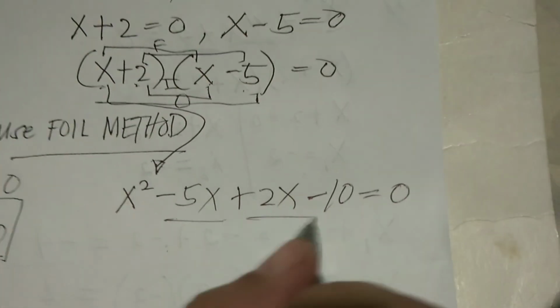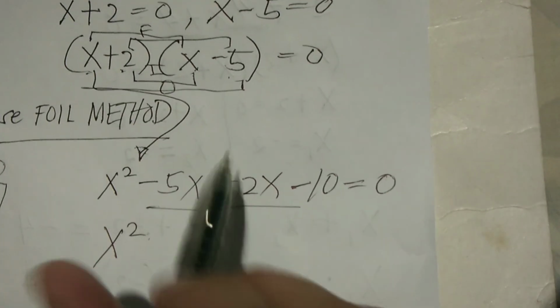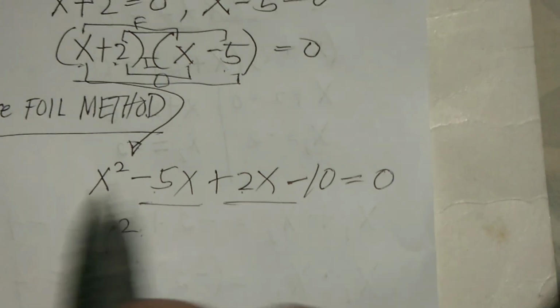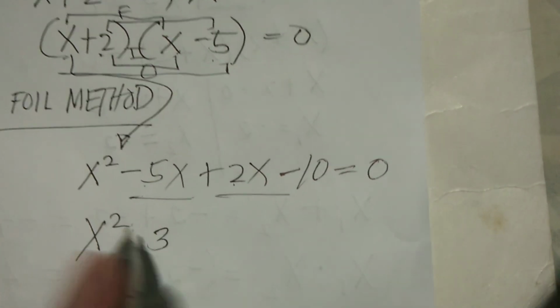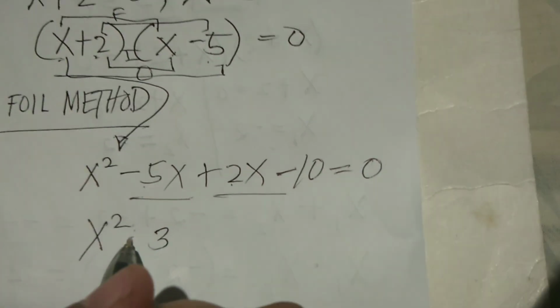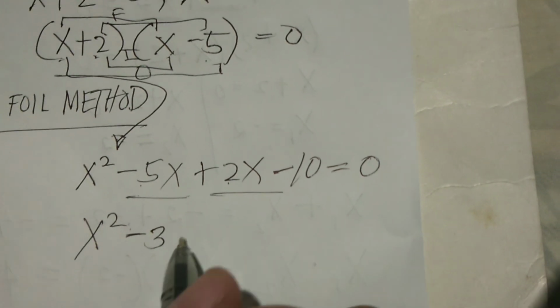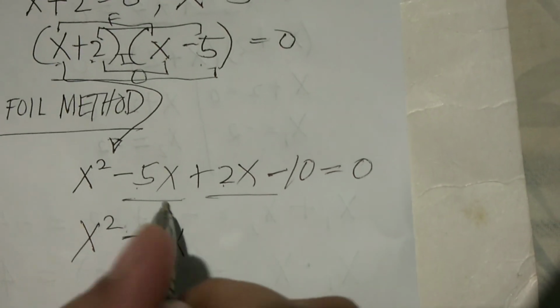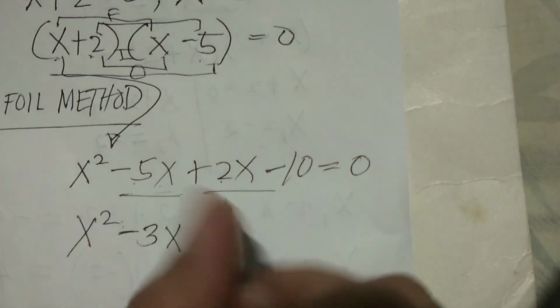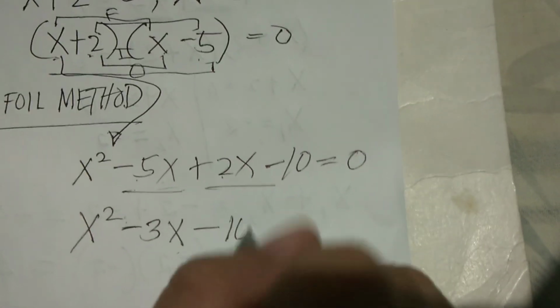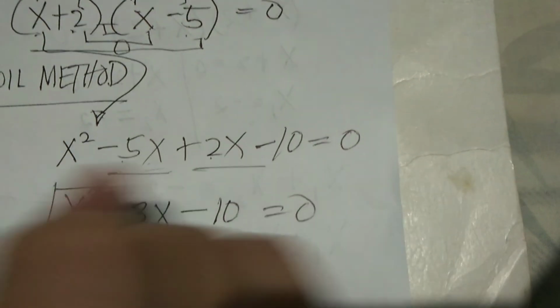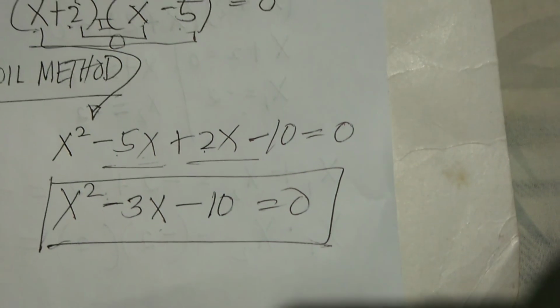Then, combine like terms. For x, negative and positive, so subtract. We have 3, and follow the sign of the bigger number, which is negative. So, we have negative 3x. Copy the same variable. Then, we have negative 10 is equal to 0. So, this is the quadratic equation.